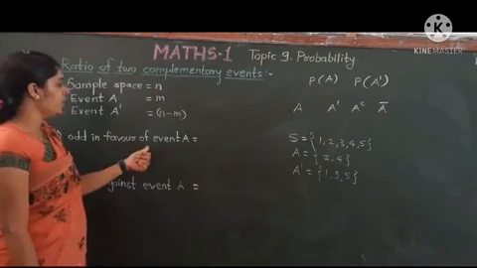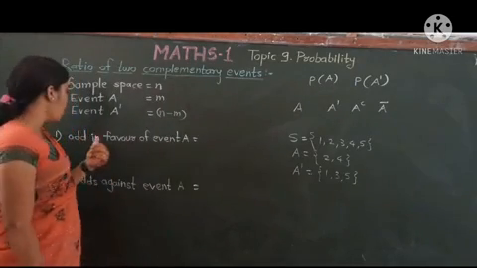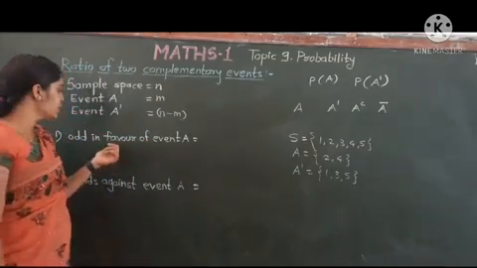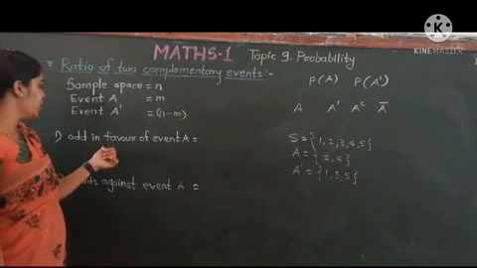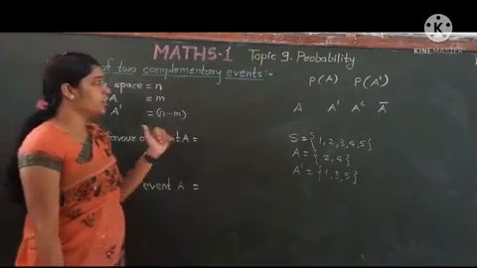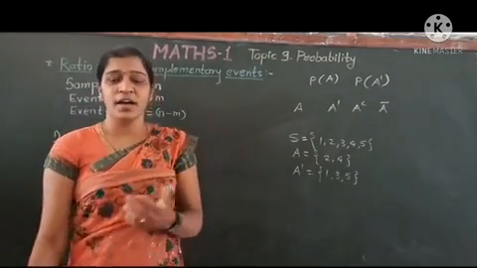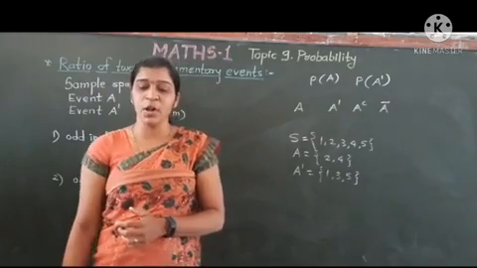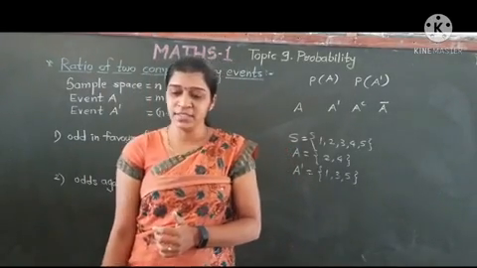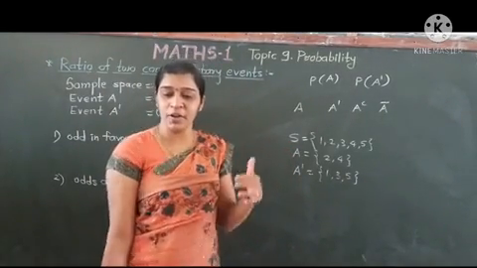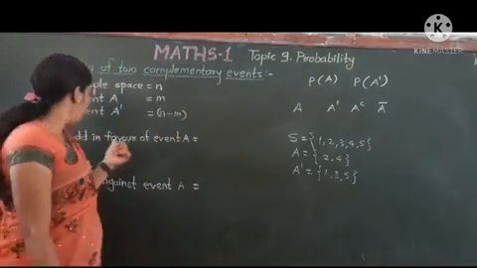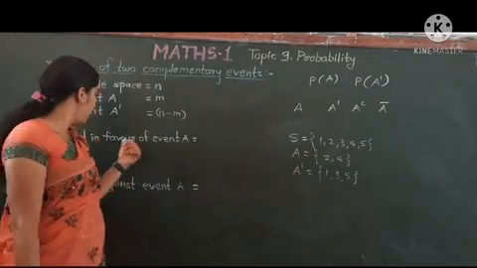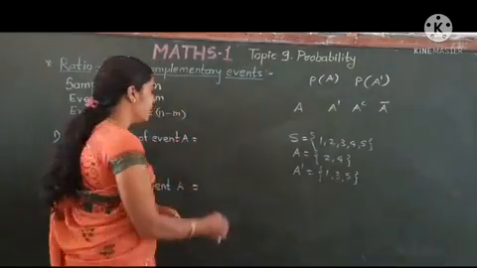Now see here, odds in favor of event A. How to calculate this? See, the ratio of the number of favorable cases to the number of unfavorable cases is called odds in favor of event A. What is meant by odds in favor of event A?